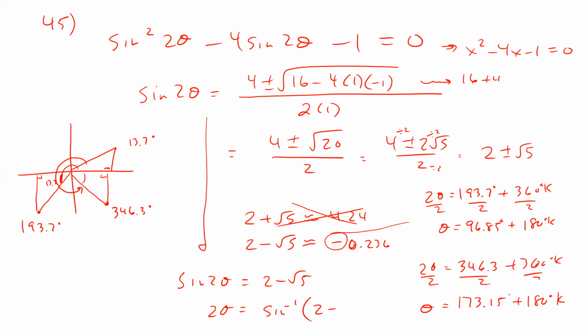Okay, I think we're almost there. So theta is equal to 96.9, because it's the nearest tenth anyways. Then add 180 to this.